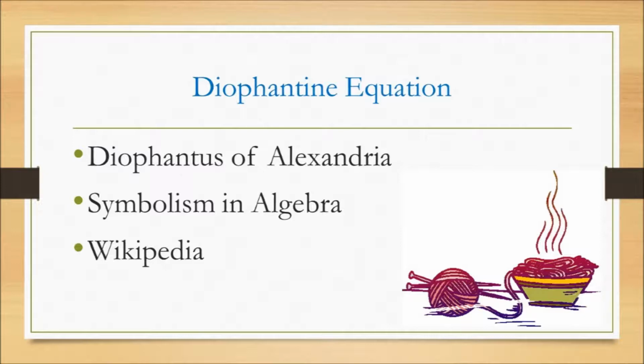He was a really clever guy, and he was one of the first mathematicians to involve symbolism in algebra. You can read all about him and the Diophantine formula on Wikipedia, which is where I got that information from.